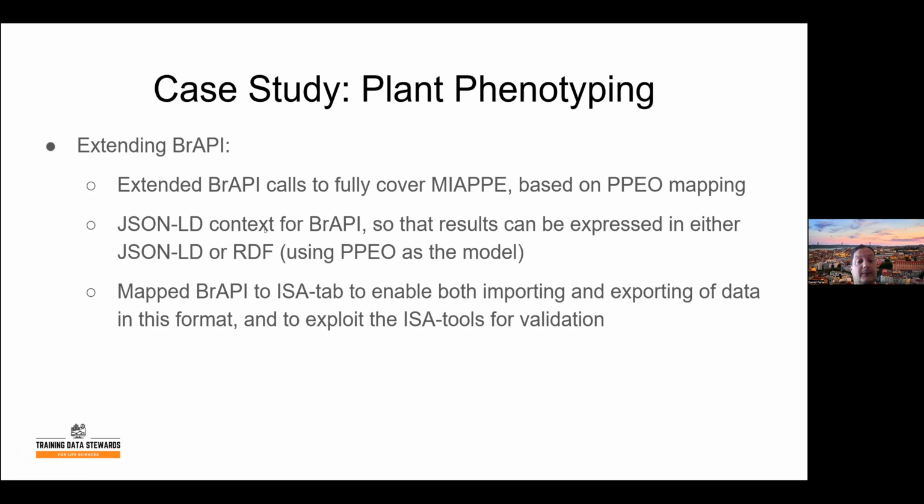And we also did the part of enabling BRAPI data to be expressed in JSON and in RDF, again, using the ontology version of MIAPPE as data model. And last but not least, we mapped BRAPI to ISA-Tab to enable importing and exporting of data in this format.